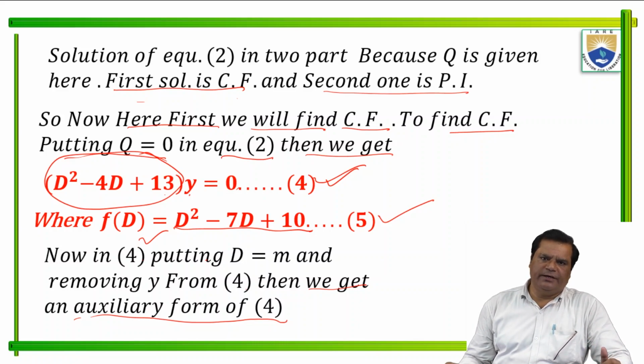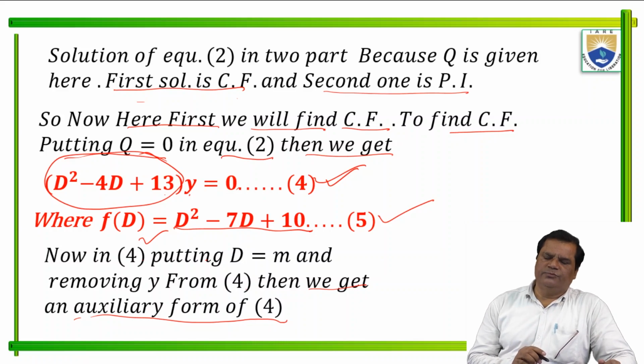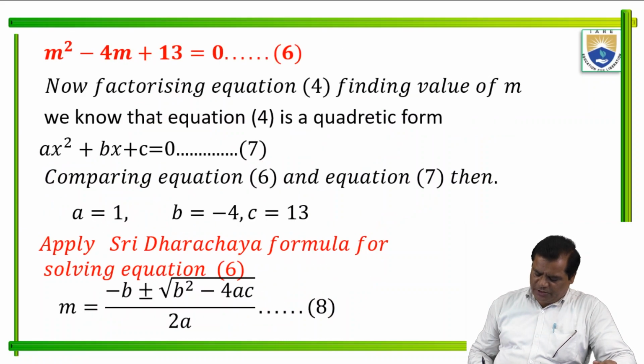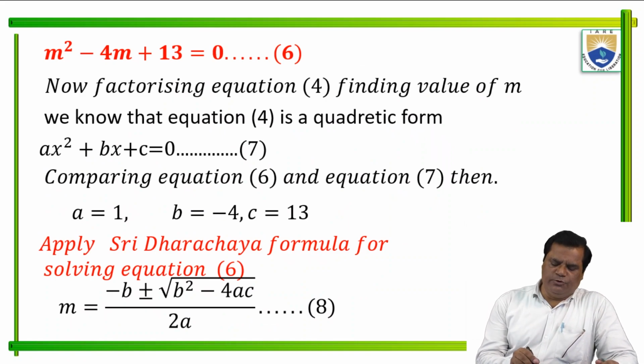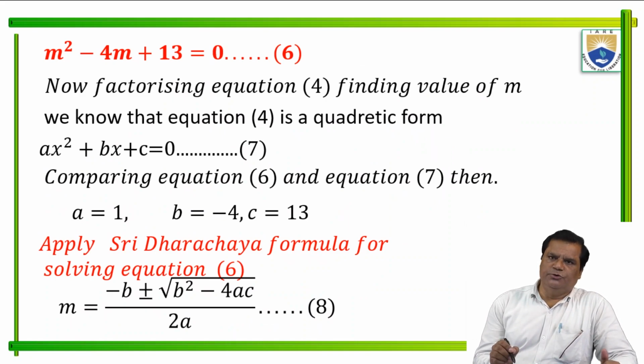We get an equation of second degree in m, known as the auxiliary equation. So the auxiliary equation of 4 is m square minus 4m plus 13 equal to 0.